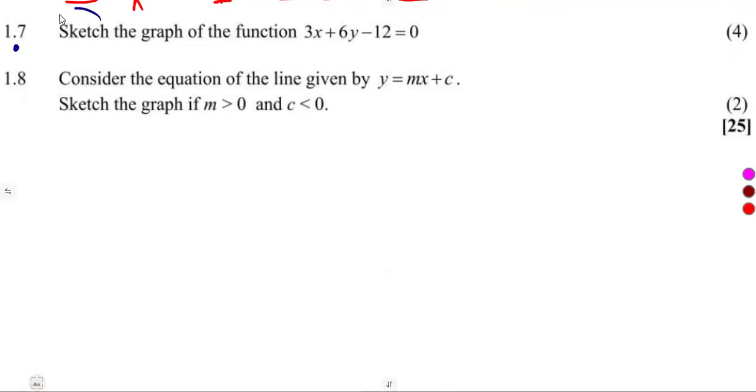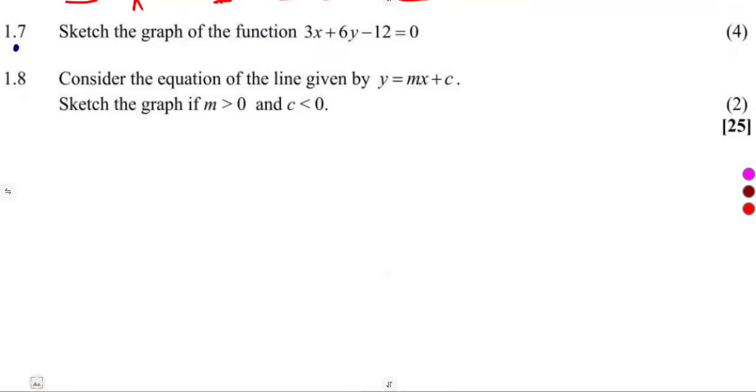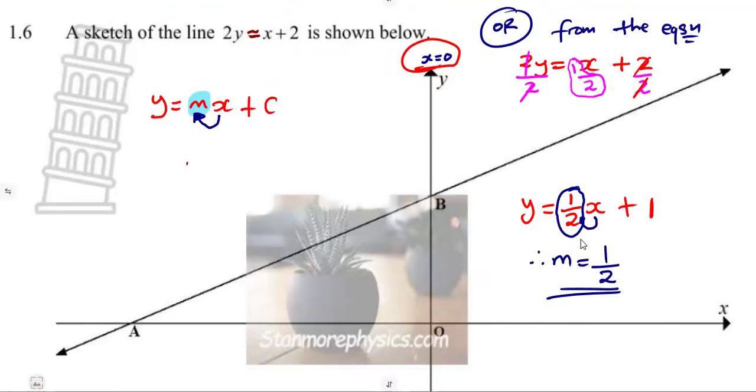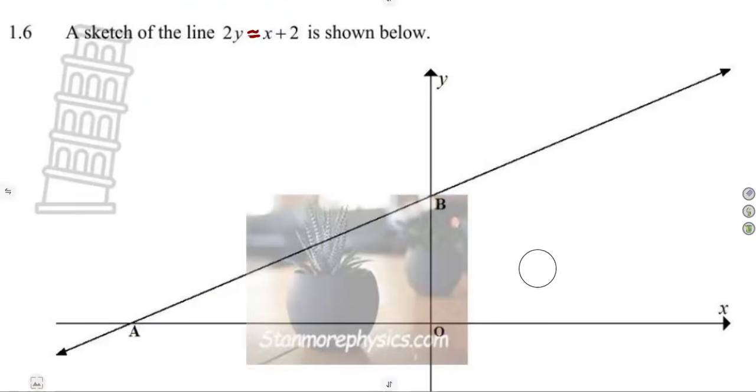1.7, sketch the graph of the function, this one. All right? A sketch can be considered, guys, just like here what we had on this part. That's a sketch of the line. Let's analyze from this one so that it will be easier for us to sketch the other one. This line that we see was made from point A and point B, then joining those two.